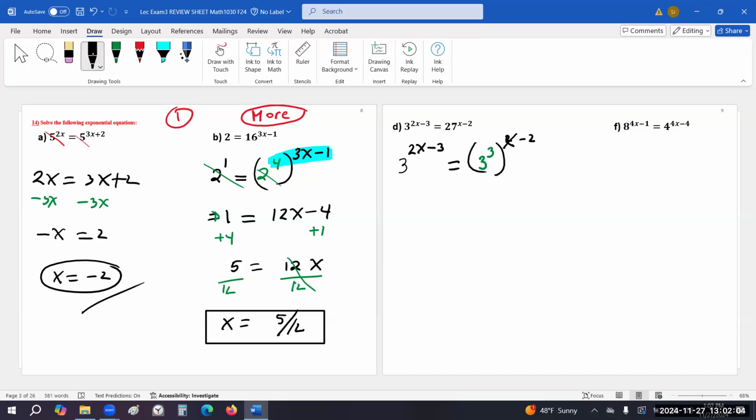We now have the same base. Cancel. So 2x minus 3 equals 3x minus 6, because we multiply them.